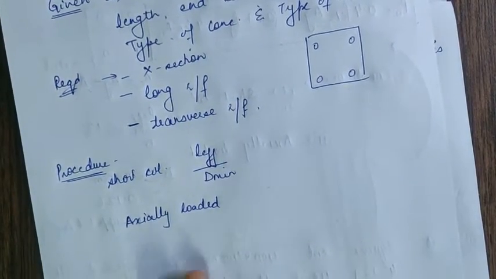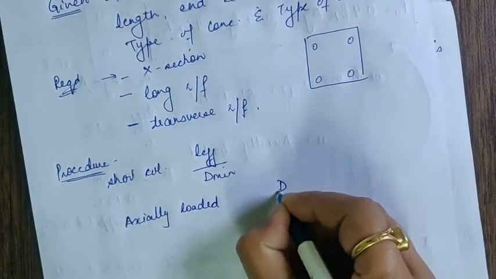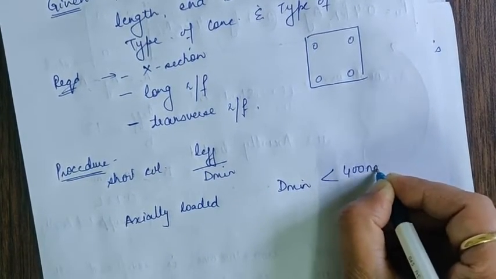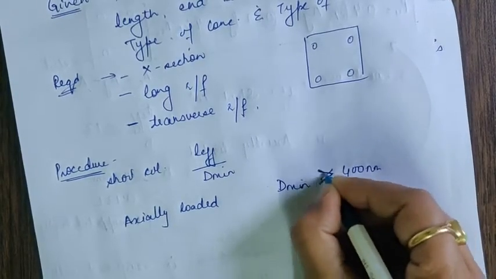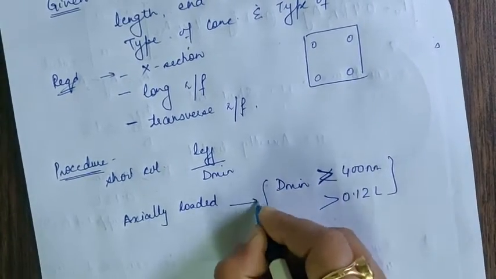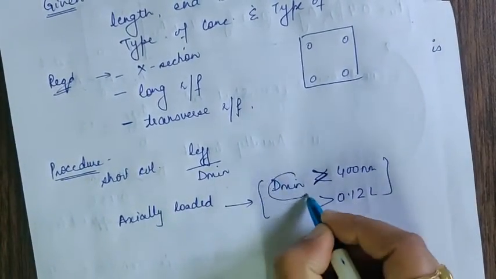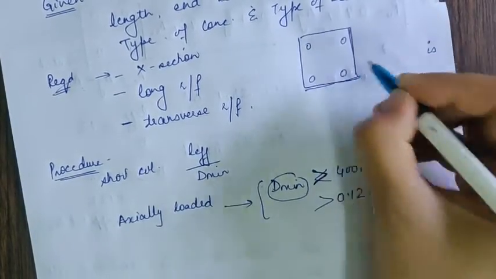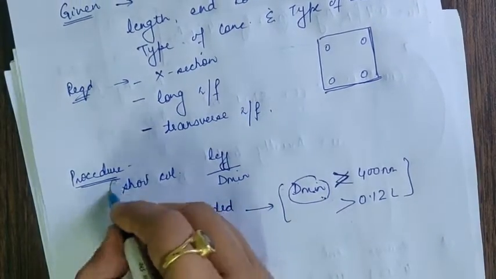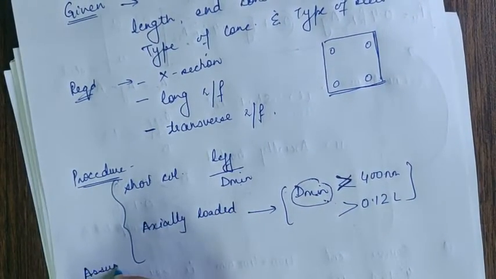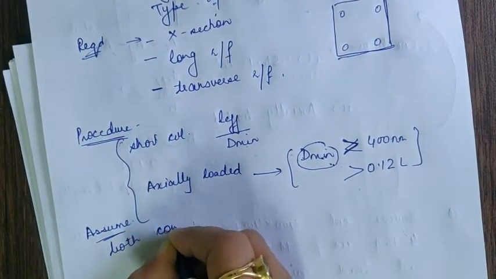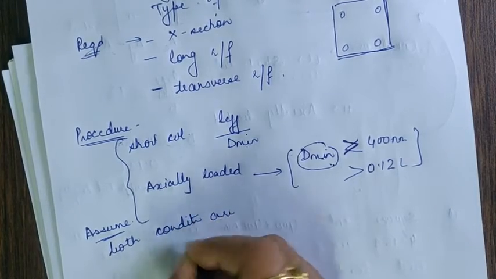It will be axially loaded if D minimum is greater than 400 millimeters, or greater than 0.12 L. Now since I do not have the cross section, I cannot find out D minimum. So what I will do is, I will initially assume that both conditions are satisfied.